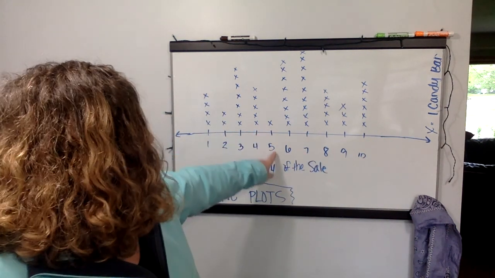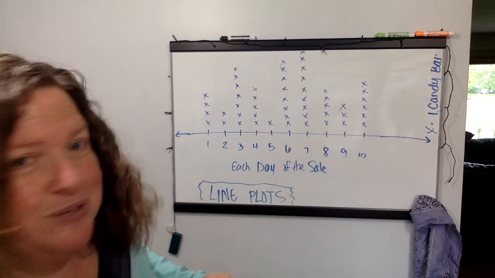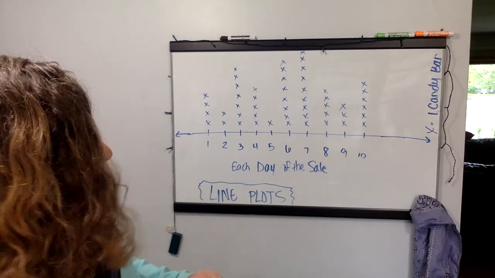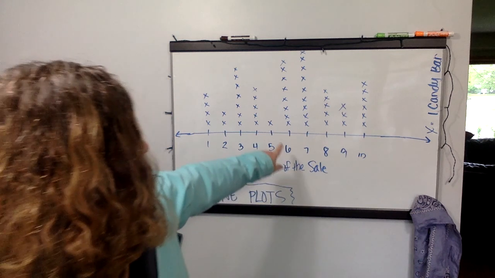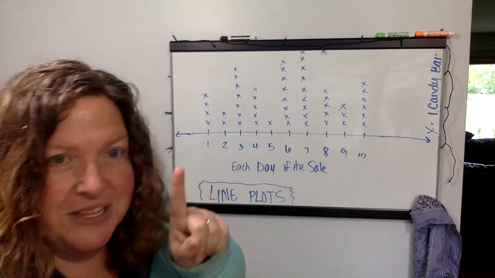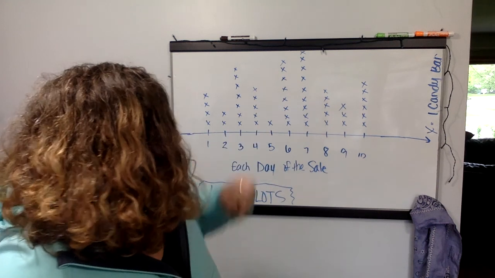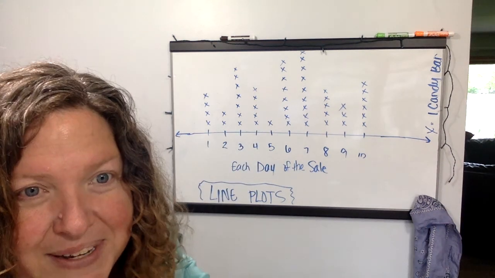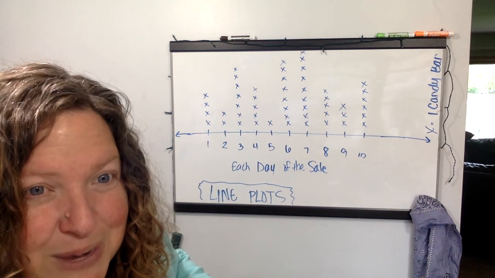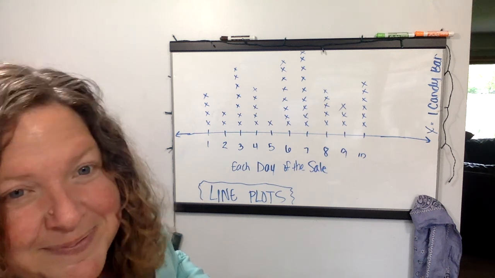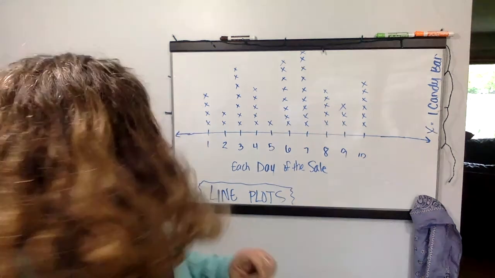There's no zeros. We don't see any empty spaces. So on day 5 we sold 1, so that's the smallest amount. And on day 7 we sold 9. So the range is from 1 to 9. How much is the range from 1 to 9? 8. Yeah, that's the difference of the range.